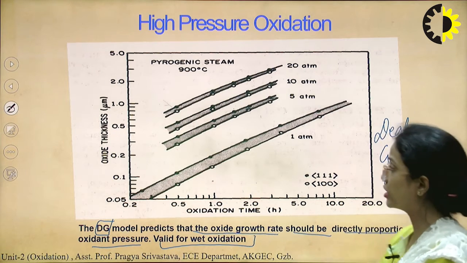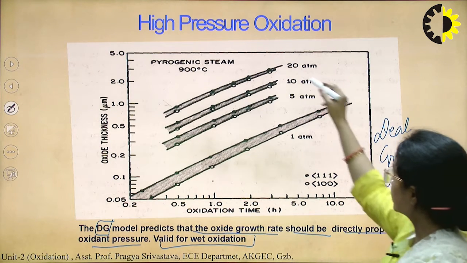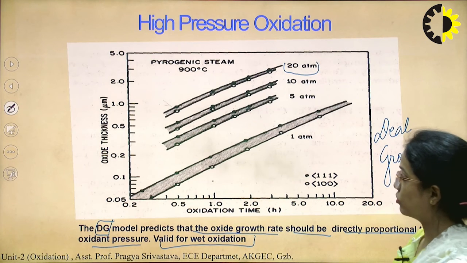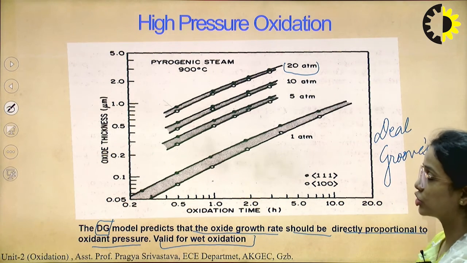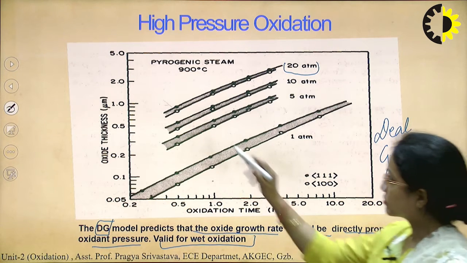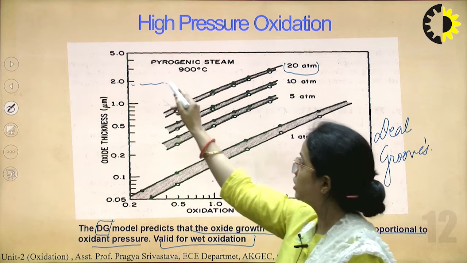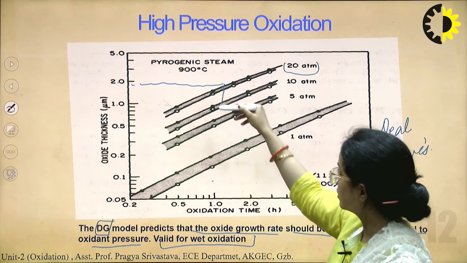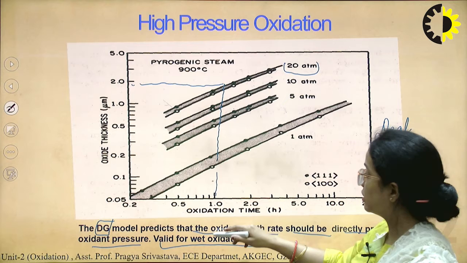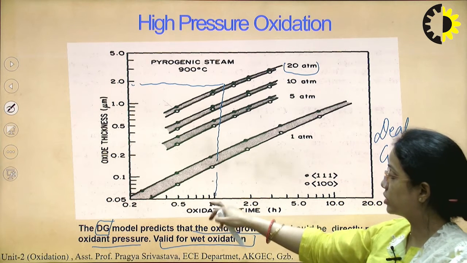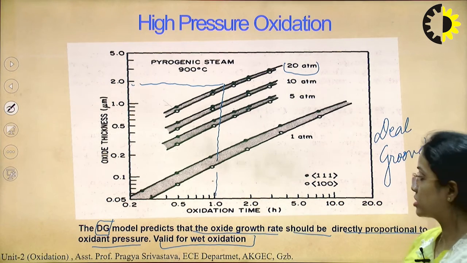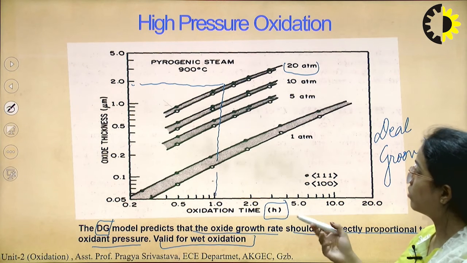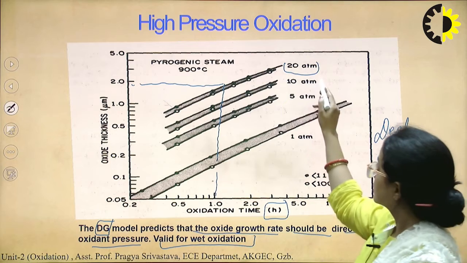So let's say we are putting a pressure of 20 atm. For a pressure of 20 atm, a 2 micrometer layer can be grown in just 1 hour. Now let's talk about 10 atm.